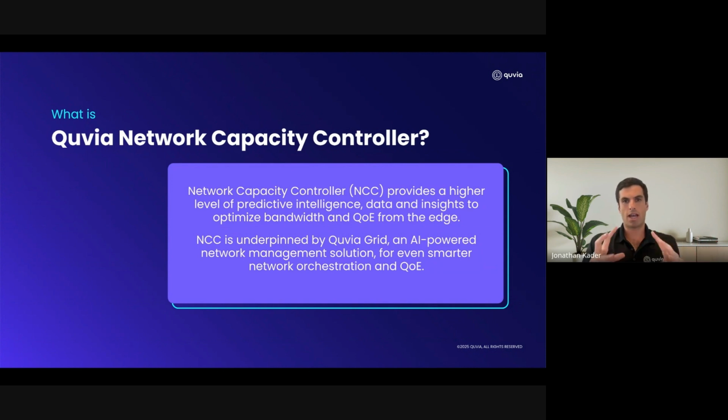What Grid doesn't have and what NCC does is it zooms out and gets a lot more contextual awareness of things like demand at the ship level, across fleets, what type of plan that you're on. For example, are you on a quota-based or consumption plan, or are you on a fixed rate plan? And it then optimizes your network in conjunction with Grid to improve the quality of experience and ensure good networks.